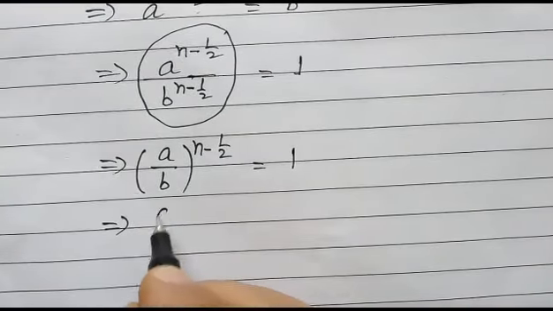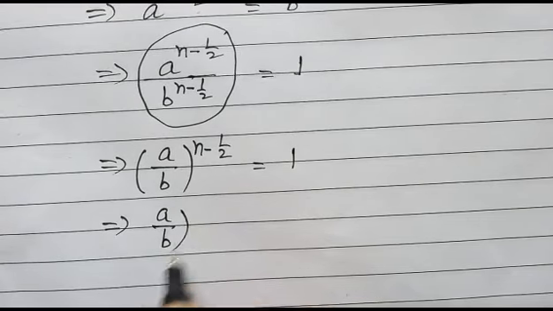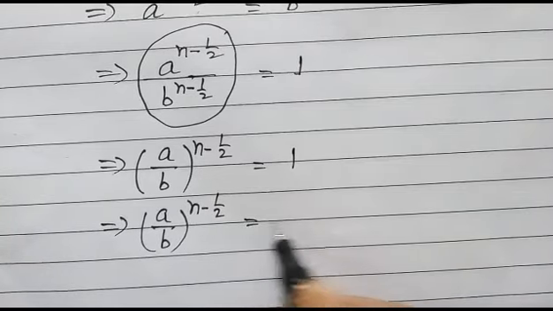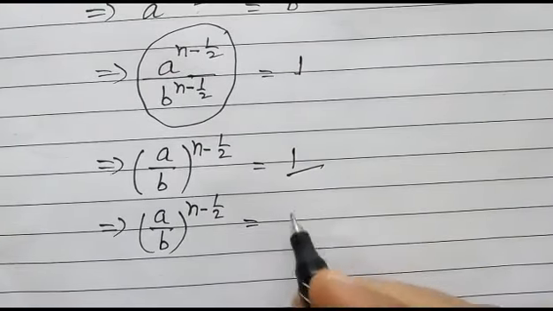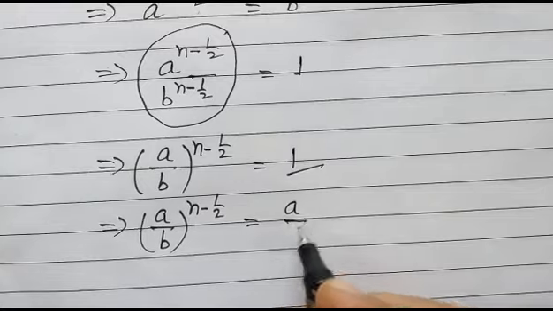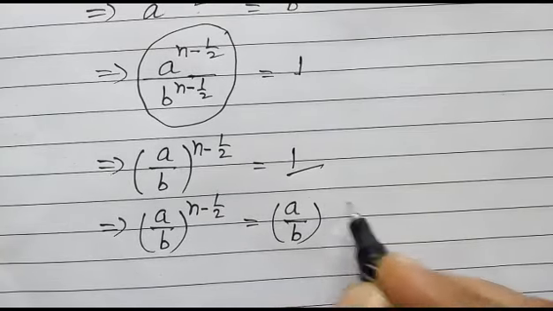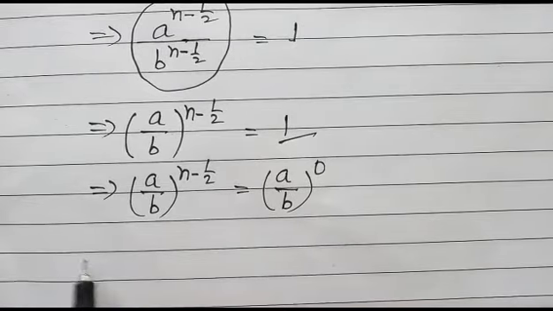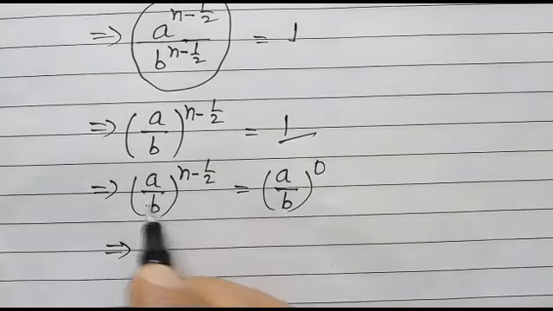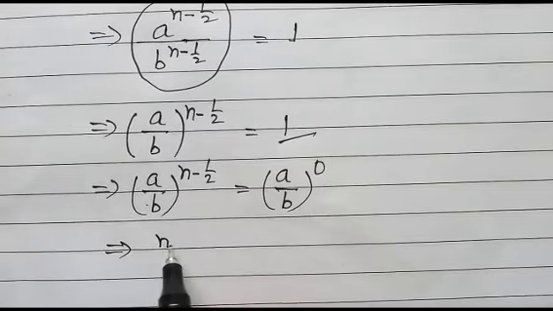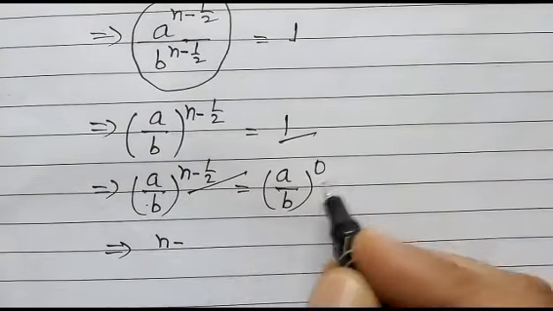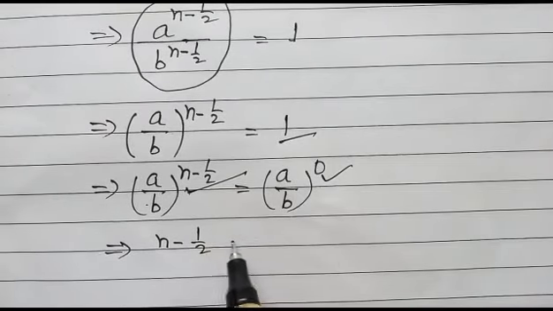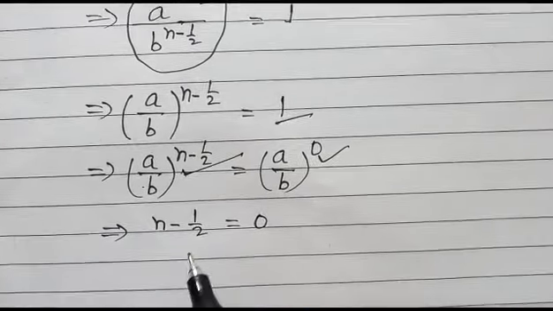So (a/b)^(n-1/2) is equal to (a/b)^0. Here same base, so n minus half will be equal to 0.